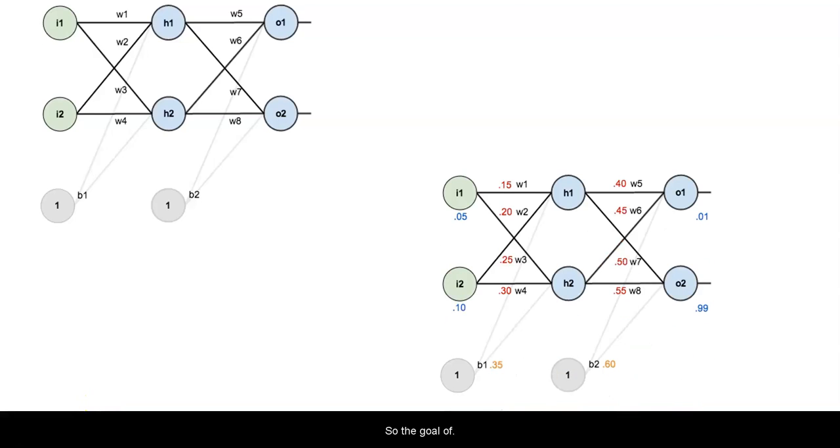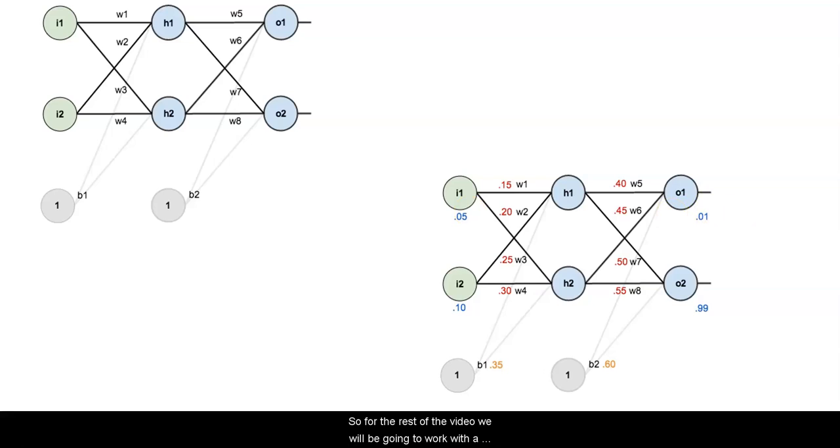So the goal of backward propagation is to optimize the weights. We have initialized our weights, so the goal of our backward propagation will be to optimize these weights so that the neural network can learn how to correctly map your inputs to the output.